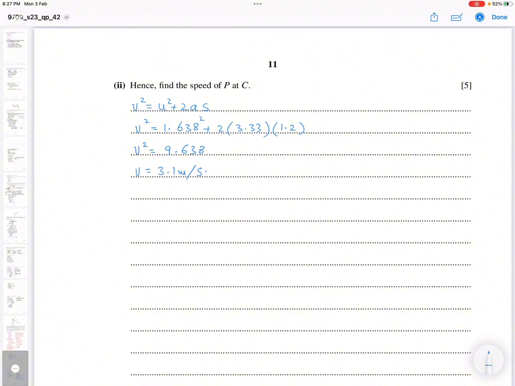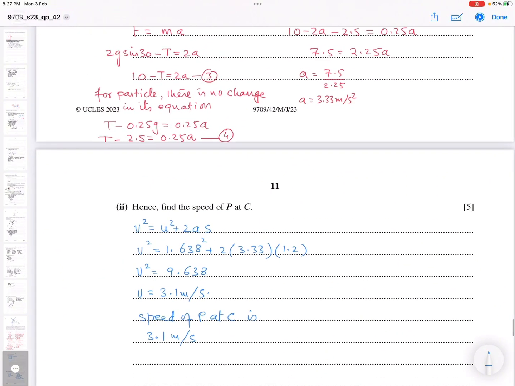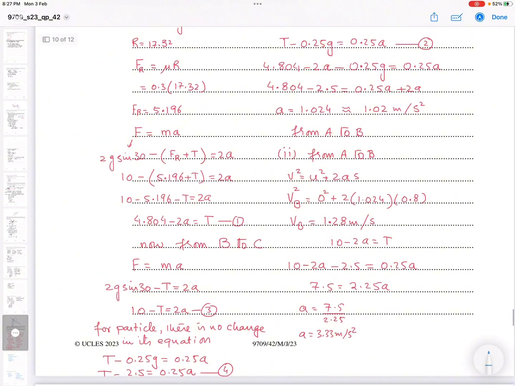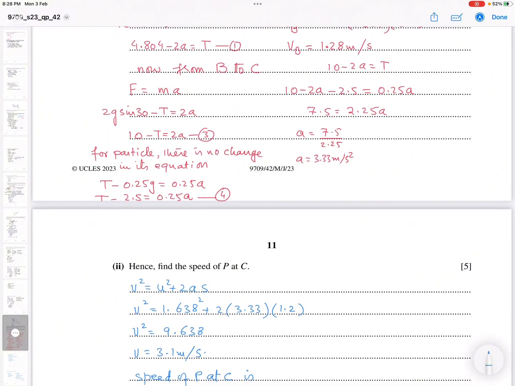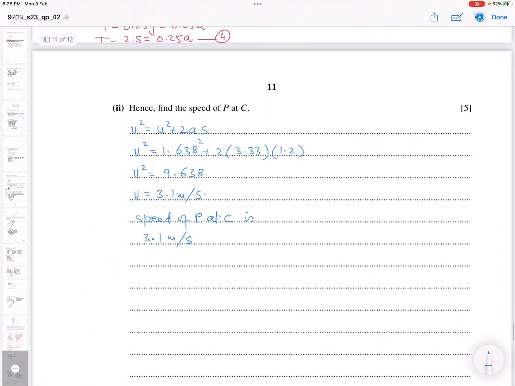So speed of P at C is 3.1 meter per second. Actually this is a continuation of this working, so you can combine it and understand it. So that is our answer.